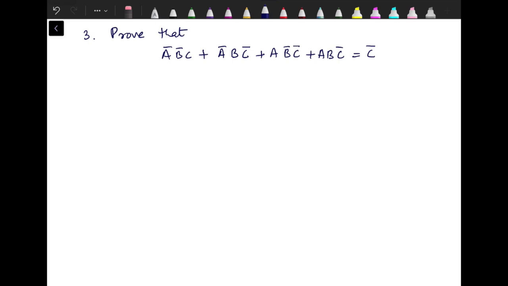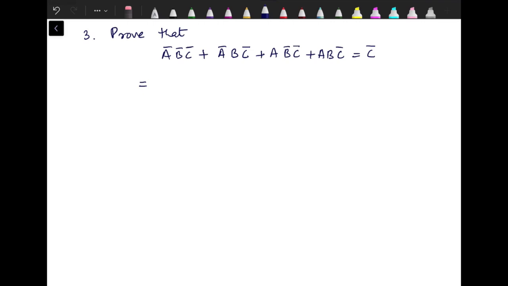For that, we are going to consider the left hand side only. From the first term, let's see what is common. Okay, the first term is not A, B, it is A complement, B complement, C complement.